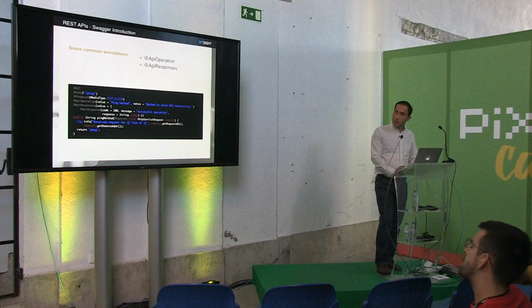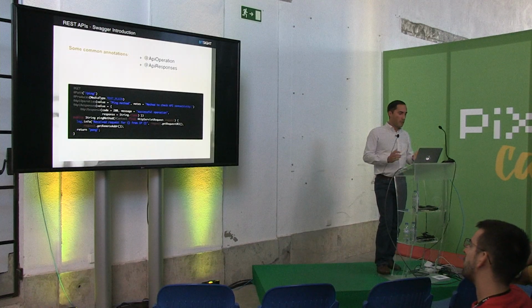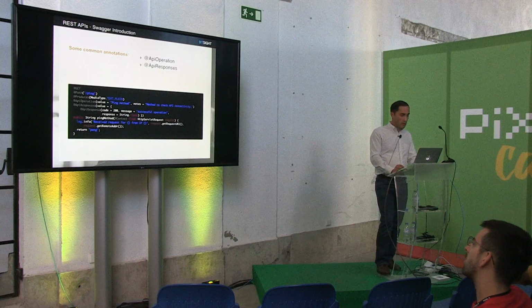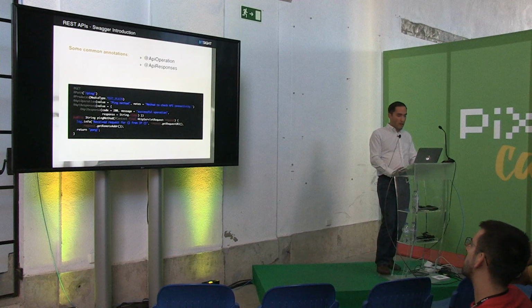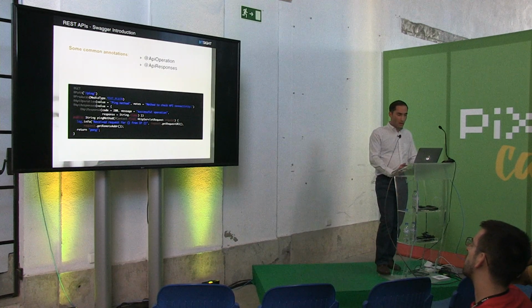So for instance, in this example, I will have a ping method that returns a string, gives a 200 code and a successful operation, and returns a type of string class. So this is a very simple example, but it works very easily.